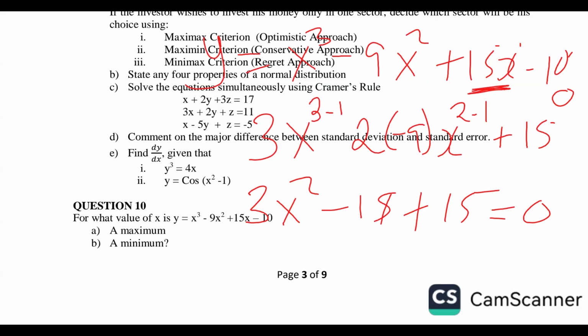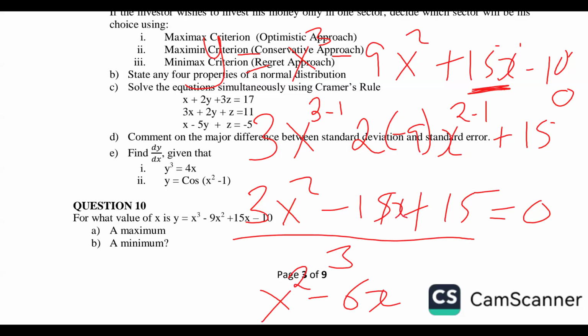You can simplify this, knowing that 3 goes into all these terms. Then you have a reduced form as x squared minus 6x, because 3 into 18 goes 6 times, plus 5, because 3 times 5 is 15, all set equal to 0.